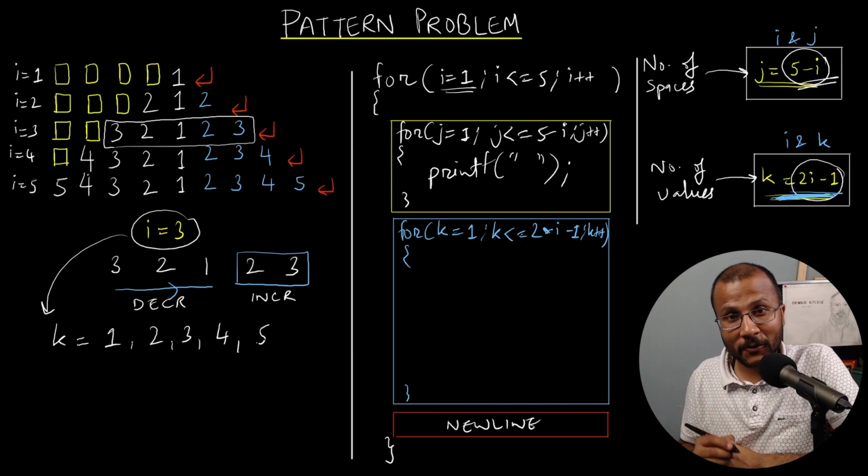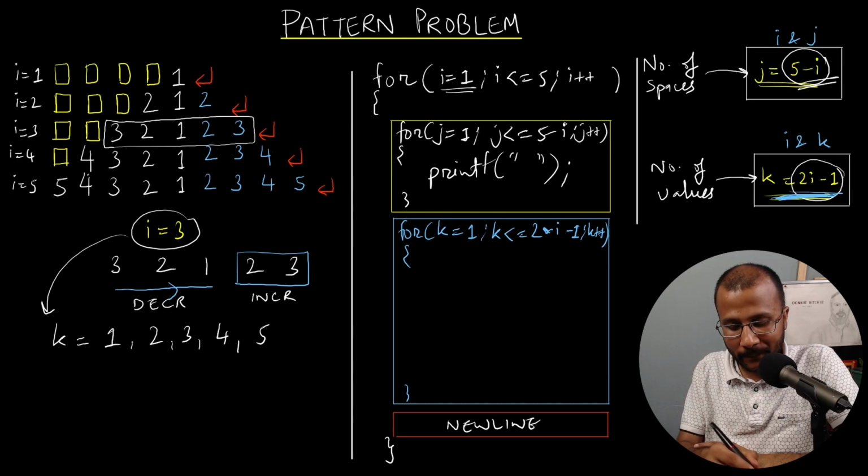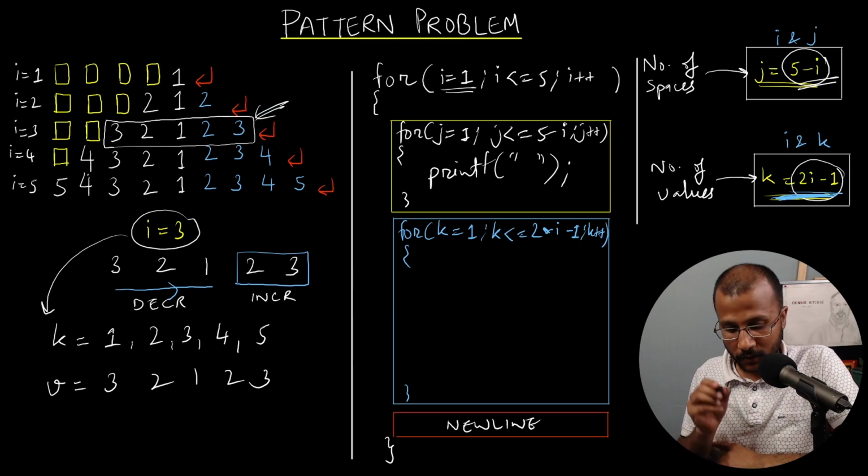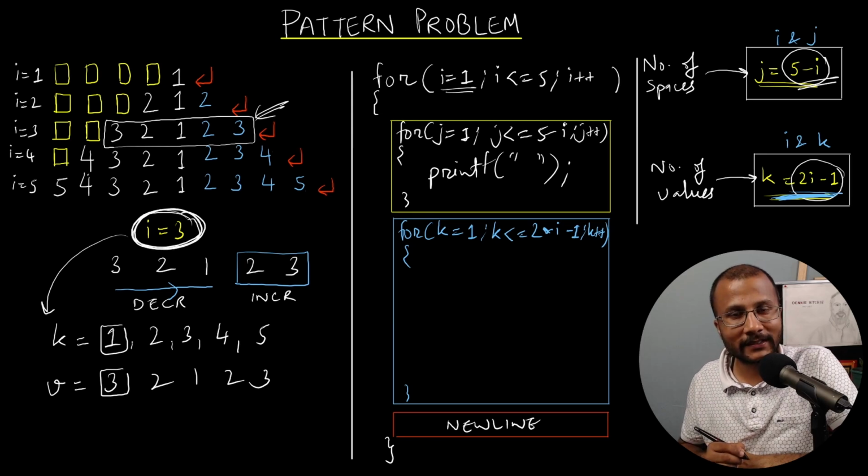But I am not supposed to print k here. That is the point that you should note. What I am supposed to print are the values v. The values that I am going to print are 3, 2, 1, 2 and 3 as displayed here. So what I have is k, but what I have to print is the value v. This is for the case of i equals to 3.